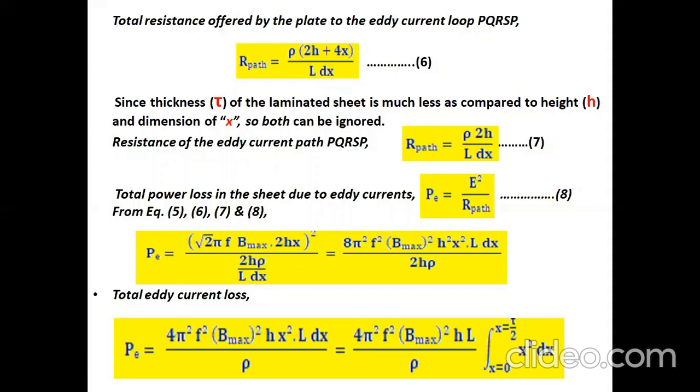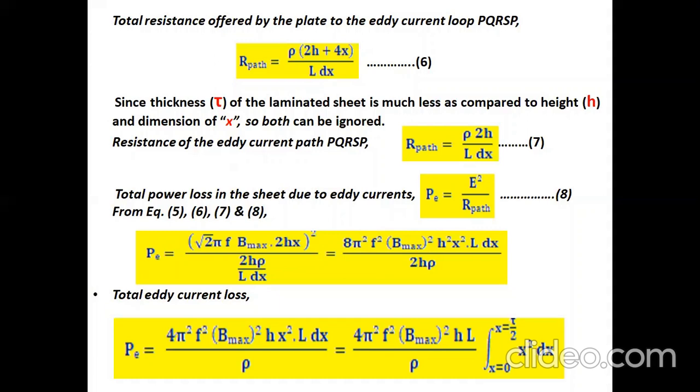From equations 5, 6, 7, and 8, P equals root 2 pi F B max into 2hx square divided by rho 2h over L dx, which equals 8 pi square F square B max square h square x square into L dx divided by 2 rho h.